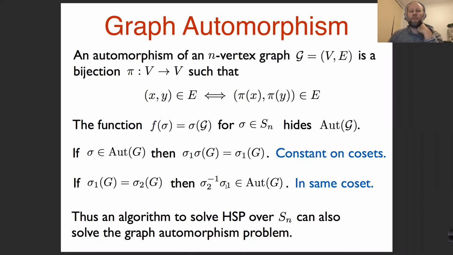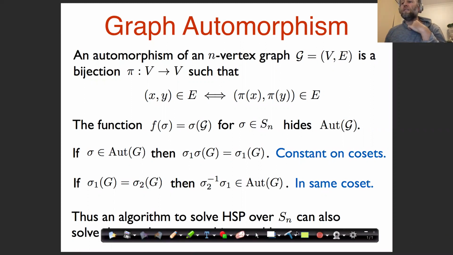So now what does that mean? Well, this is something that's in the automorphism group of G. And sigma 2 times this is just going to be sigma 1, right?